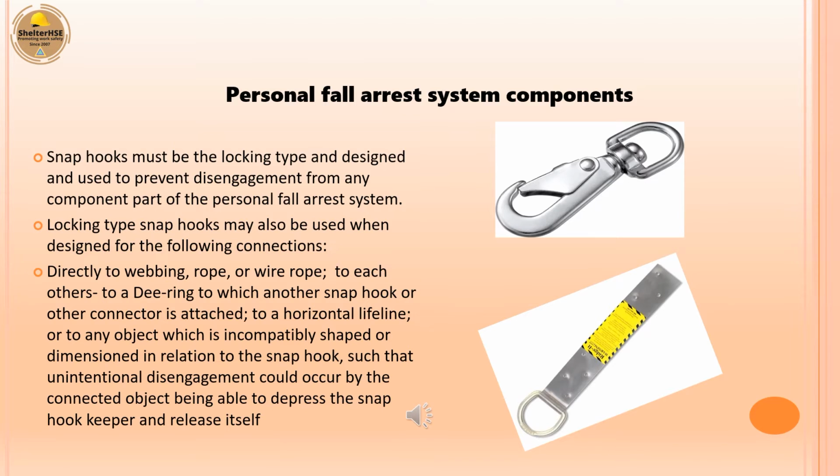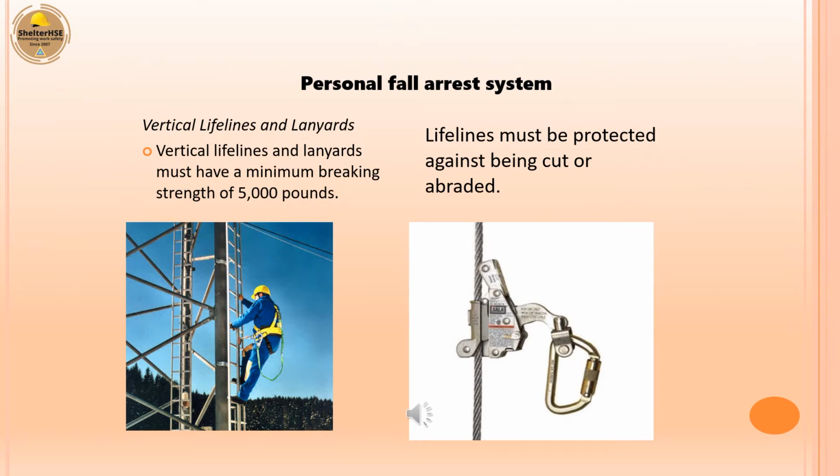Locking type snap hooks may also be used when designed for the following connections: directly to webbing, rope, or wire rope, to each other, to a D-ring to which another snap hook or other connector is attached, to a horizontal lifeline, or to any object which is incompatibly shaped or dimensioned in relation to the snap hook, such that unintentional disengagement could occur by the connected object being able to depress the snap hook keeper and release itself.